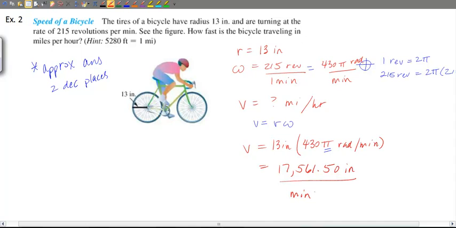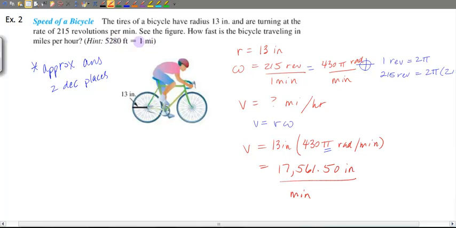Now I wrote it like this because they asked me to find it in miles per hour. So we have to go back and convert inches into miles and minutes into hours. That's not going to be that hard. It's actually a series of unit conversions that you probably remember from doing chemistry.